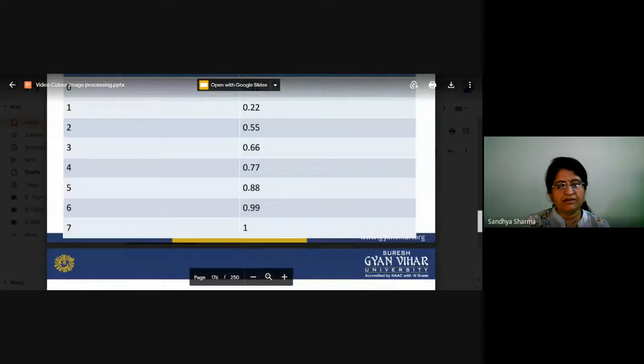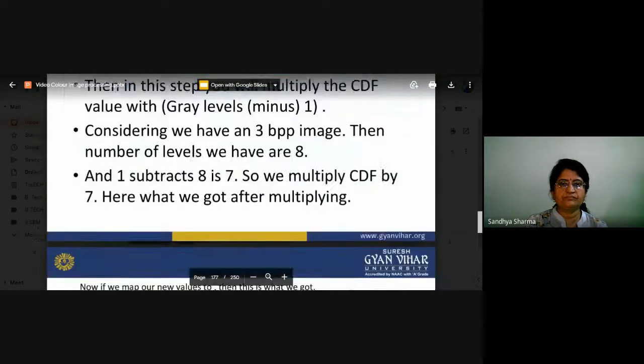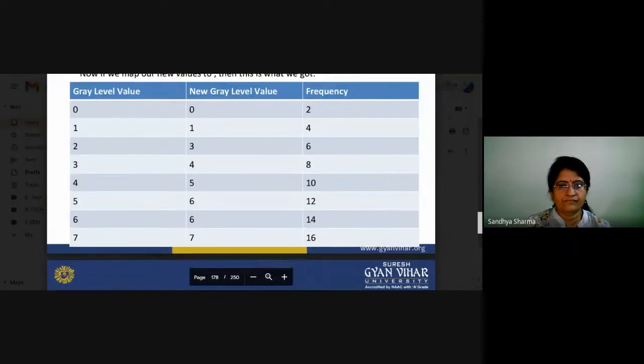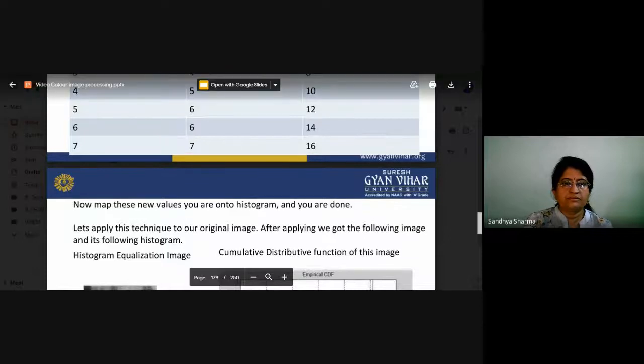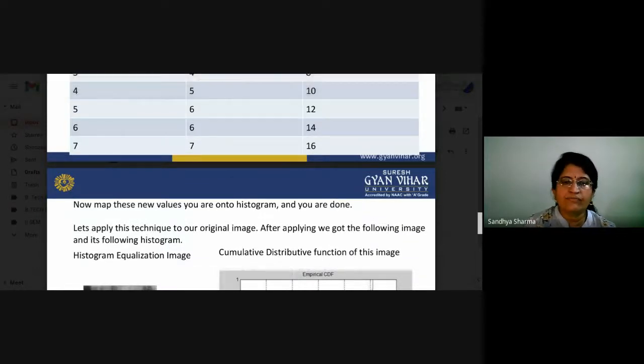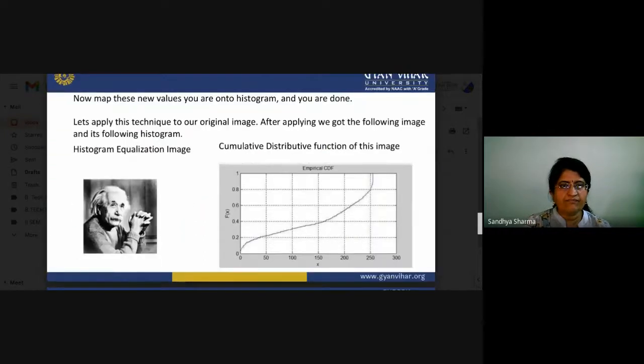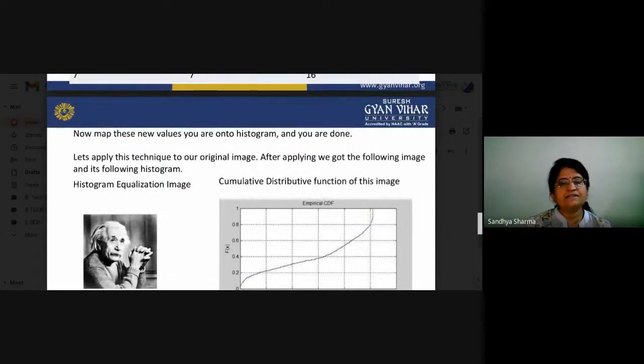Now you have to multiply all with 7. Now these new values are mapped onto the histogram and you are done. So you can make a diagram. Apply this technique to our original image. After applying, we got the following image and its histogram.